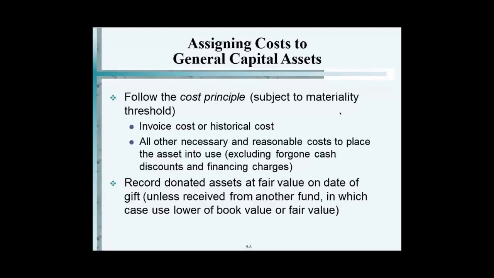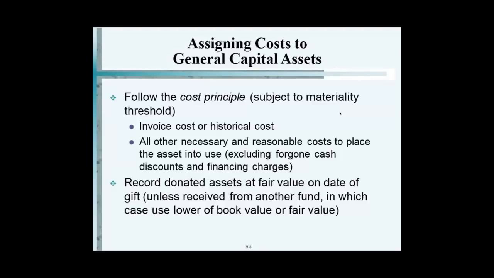Somebody comes in and donates their collection of taxidermy birds to the government to display. So you get it appraised, and it's valued at $10,000. Now you scratch your head and say, how am I going to record this transaction?